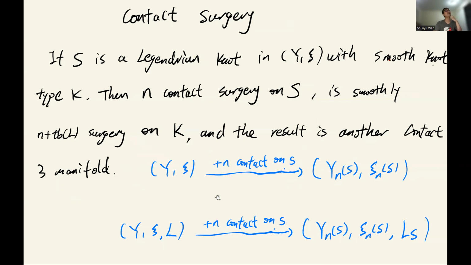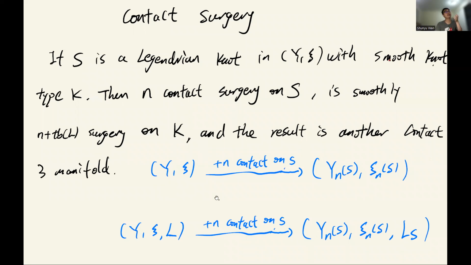And similarly, if you think of a Legendrian knot L inside (Y, ξ) which is disjoint from S, there is also a map from (Y, ξ, L) to Y_n of S, ξ_n of S, and another Legendrian knot L of S inside this contact manifold.